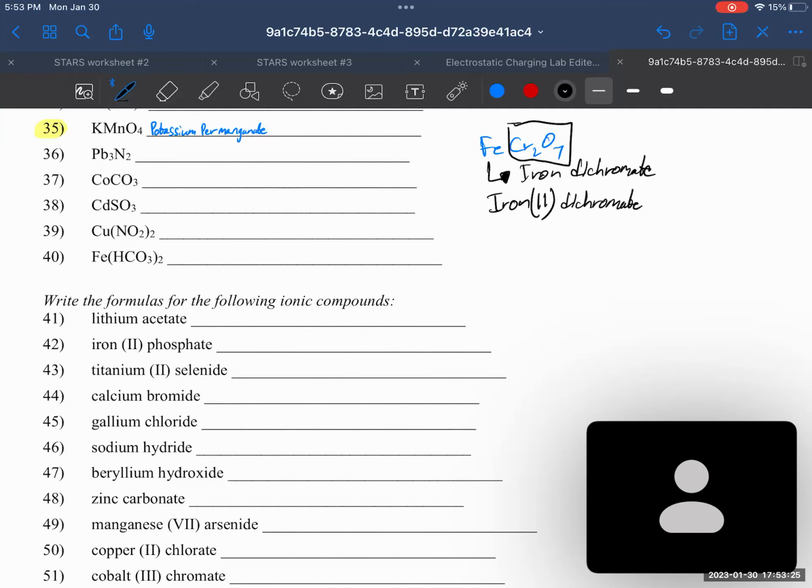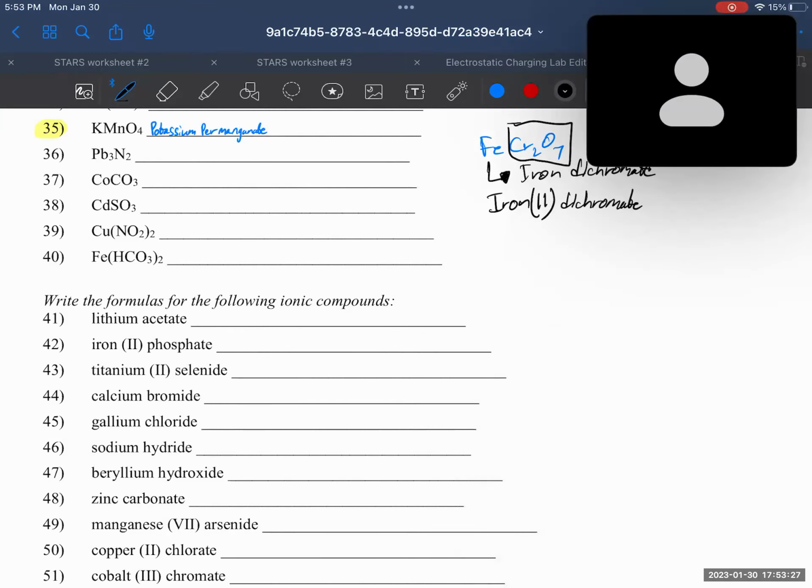Let's do this. How would you guys name this molecule? H2O. How would you name that? All right, we got some waters. What if I name it like this? Dihydrogen monoxide.